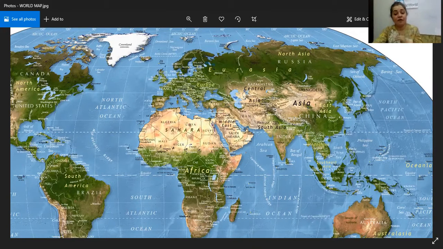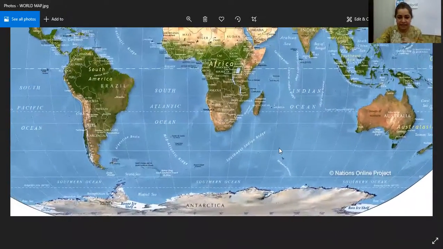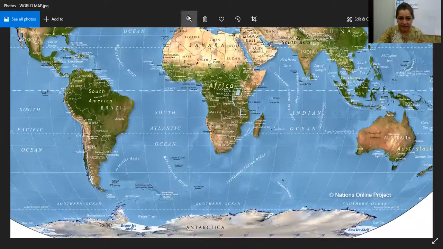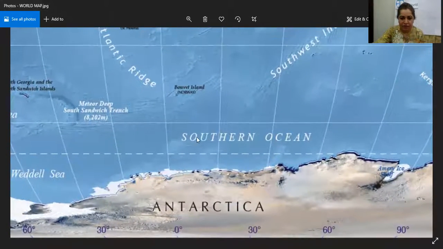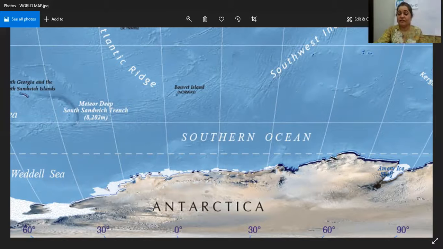And this is at the very, very bottom. Can you see? This is the bottom of the world, right? This is Antarctica, and as I told you, it is at the very bottom of the world's map, and this is the least populated continent.